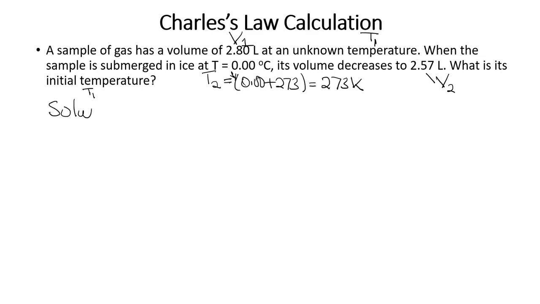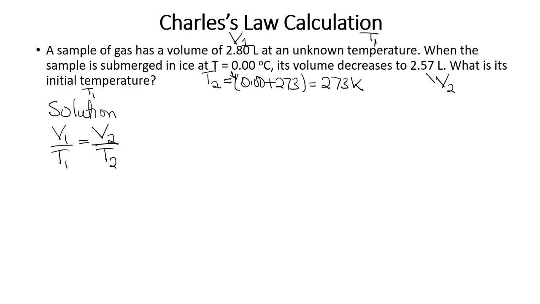So how do we solve this problem? Here, following the Charles law, we say V1 over T1 is equal to V2 over T2. That's what we are solving here.